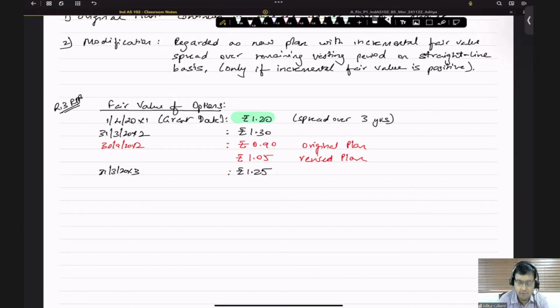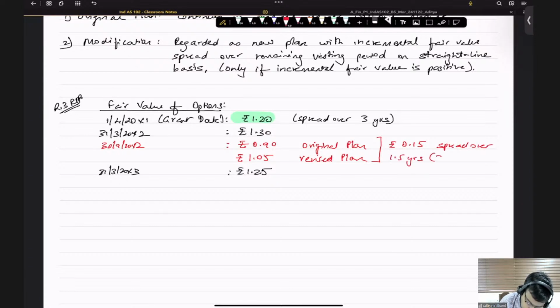There is a modification. Now this modification has resulted in repricing the options. Revised plan 1.05, original plan 0.9. So rupee 0.15 positive, it is a revaluation. Rupees 0.15 spread over 1.5 years.